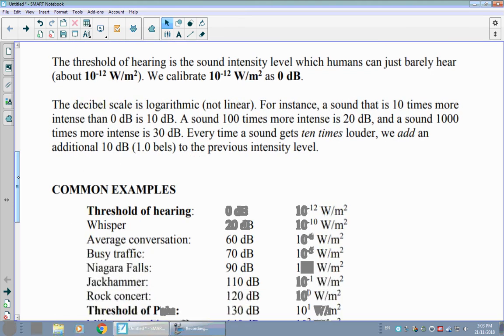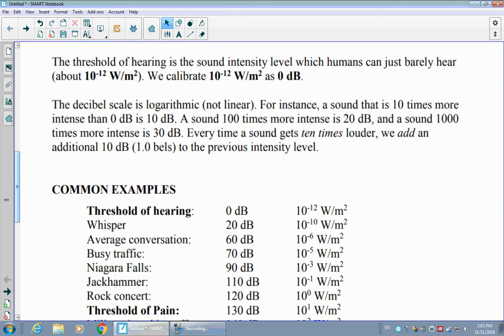The threshold of hearing means the quietest sound on average that most humans are able to hear. And what we found through various experiments is that that's about 10 to the minus 12 watts per meter squared. So an incredibly tiny number, about 1/trillionth of a watt per meter squared.